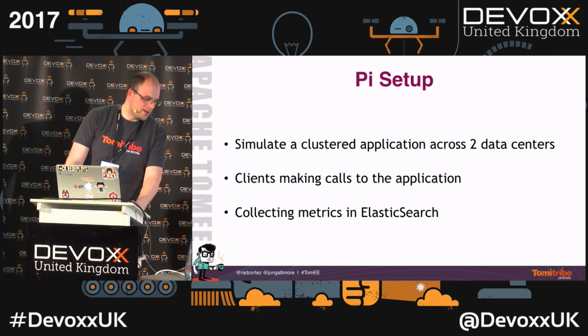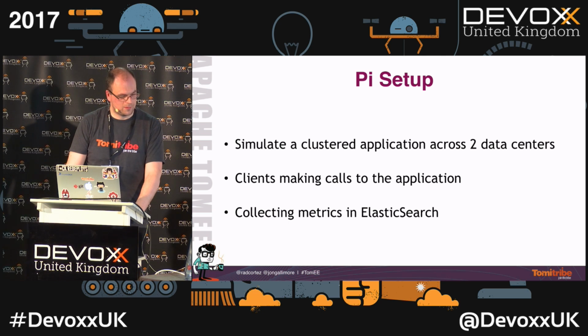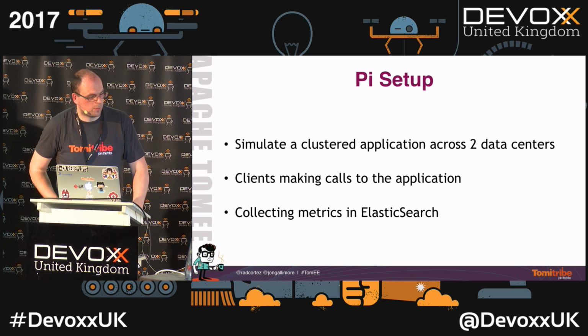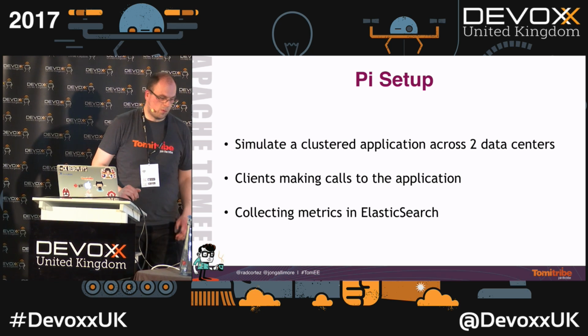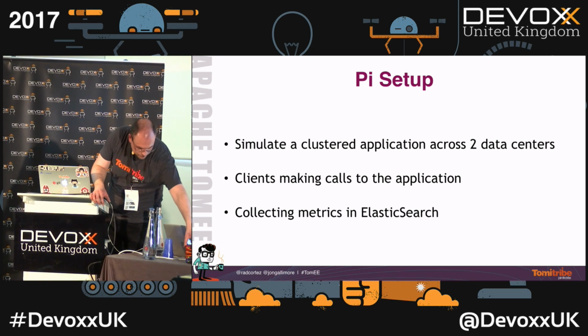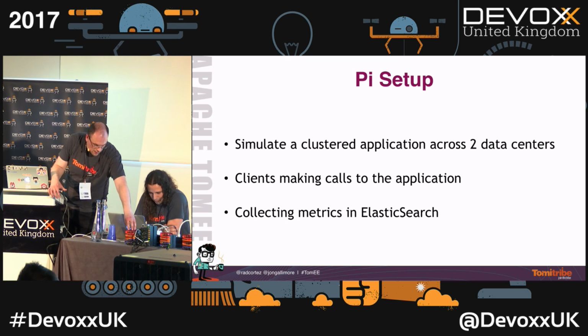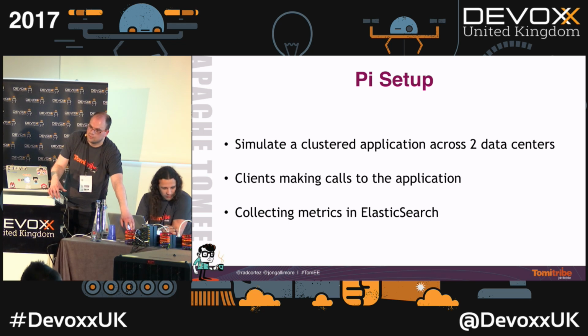So very quickly, I don't know if you're having any luck, Roberto, but on our Raspberry Pi setup here, you'll notice that we've got a couple of different clusters. Basically, what we're doing here is we have two data centers. The colorful stack on one side and the other side of this stack represent two different data centers.